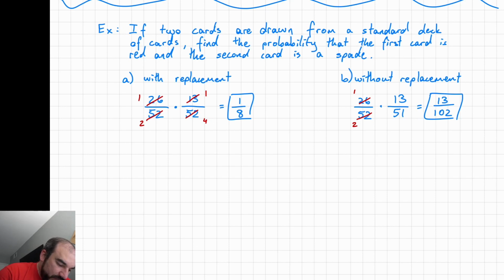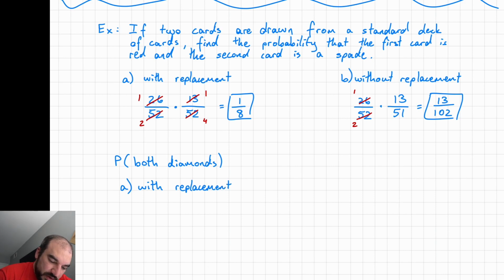Let's do the probability that both cards drawn are diamonds. And again, we'll do with replacement and without replacement. I'll give you a minute to work on this.